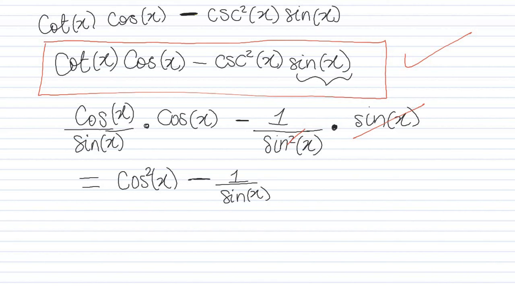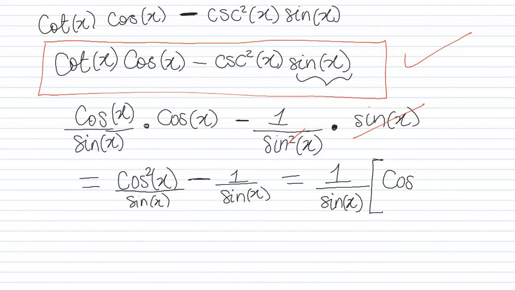But no, it's not just cosecant square x, we also have the sine, so it's going to be cosecant x divided by sine x. Okay, when we do that, we can bring out 1 over sine x. When we bring out 1 over sine x, I'm sure you guys are beginning to see what is going on here. You can see you have cosine square x minus 1. You see what we've done here? So this is our answer so far.